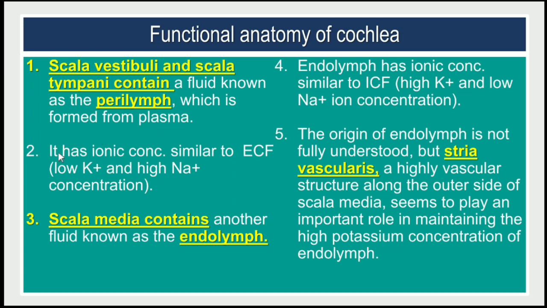It has an ionic concentration similar to extracellular fluid, meaning it contains low potassium and high sodium ion concentration. The number 2 compartment, scala media, contains another fluid known as endolymph. Endolymph has an ionic concentration similar to ICF, having high potassium ion concentration and low sodium ion concentration.